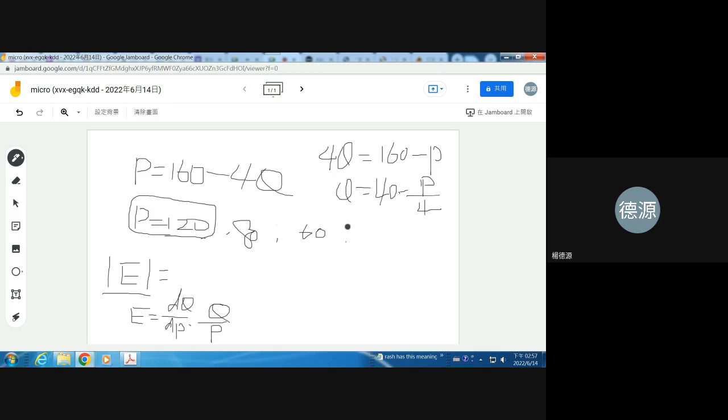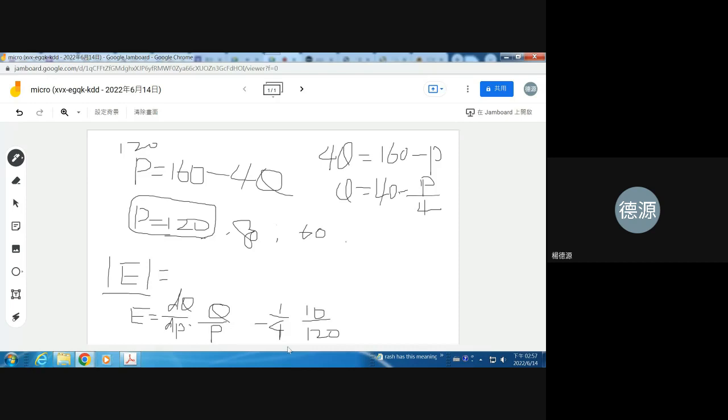So dQ/dP is equal to negative 1/4, and then times 120 over 10. If P is equal to 120, then Q would be equal to 10.